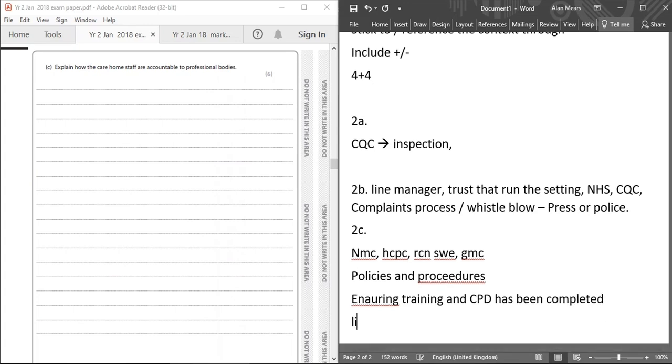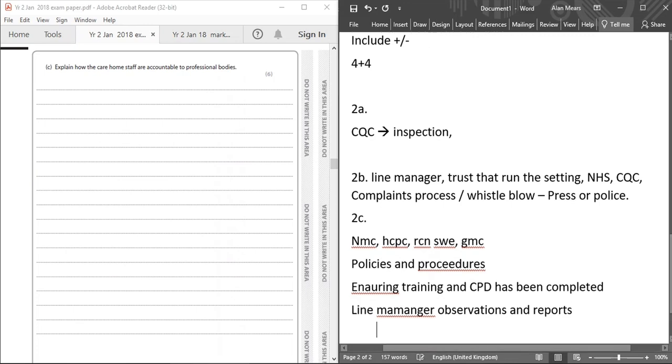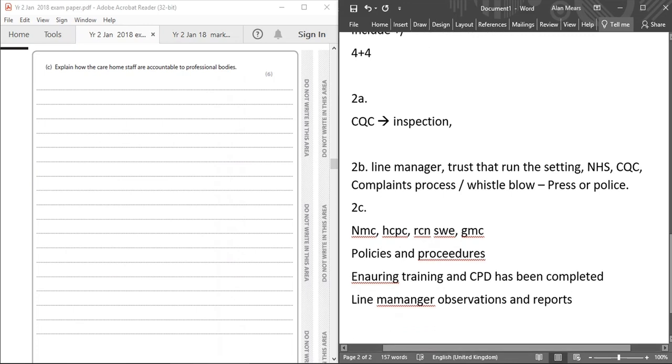It will be line manager observations. It can be things like revalidation processes. Let's fix all these typos, but these will be ways in which staff are regulated.